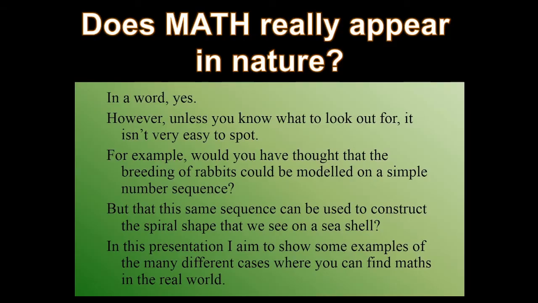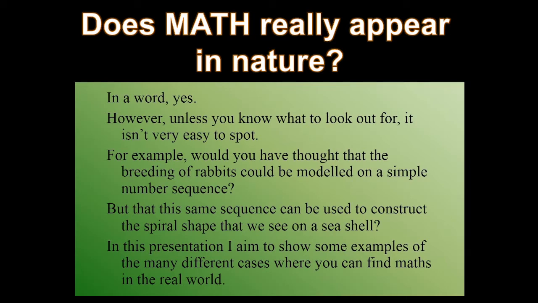Let's have this one. Does math really appear in nature? In a word, yes. However, unless you know what to look for, it isn't very easy to spot. For example, would you have thought that the breeding of rabbits could be modeled on a simple number sequence? That's what you call a Fibonacci sequence.